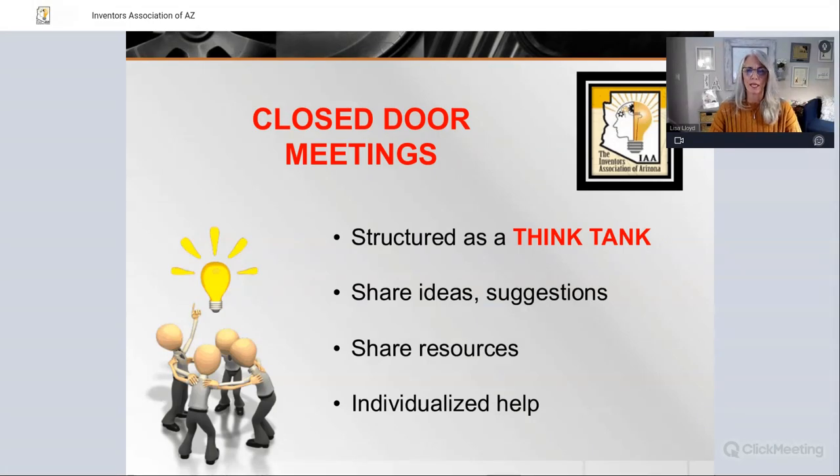They're structured more like a think tank than an educational format like tonight, where we have the opportunity to sit in the spotlight or come up here on stage and share what we're working on, get feedback from one another or direction, ask our questions of one another.